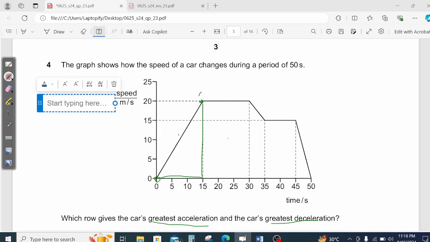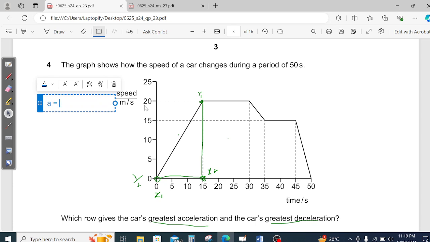So this is your y1 value, and from here this is your y2 value. This value is x2, and this value will be x1.